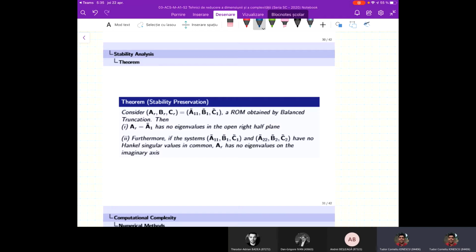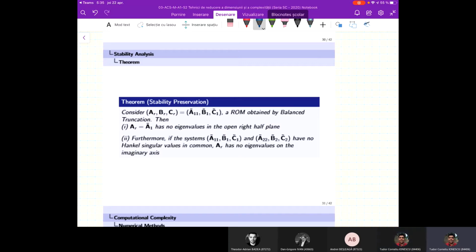So if you consider the approximation AR, BR, CR given by the blocks A11, B1, C1, the blocks from the partition we have just performed, okay?